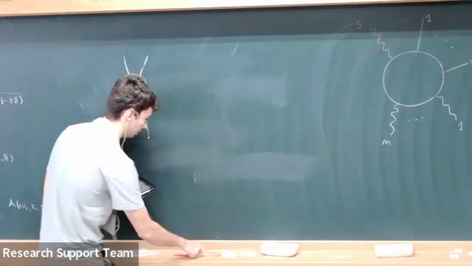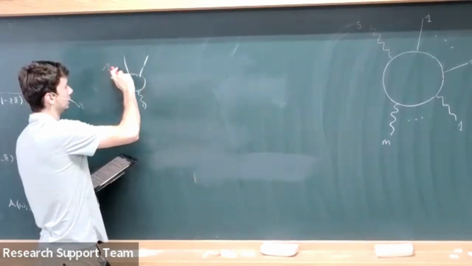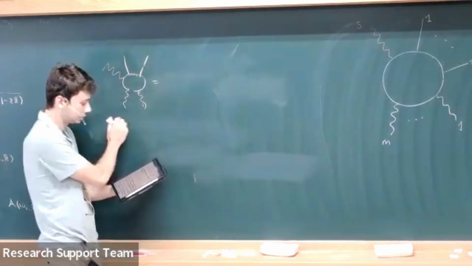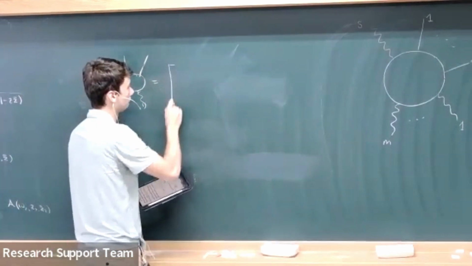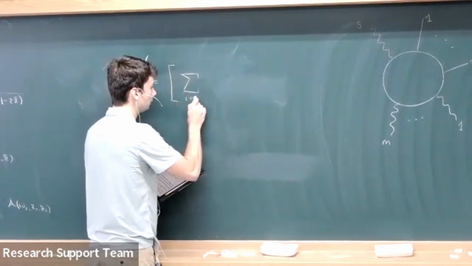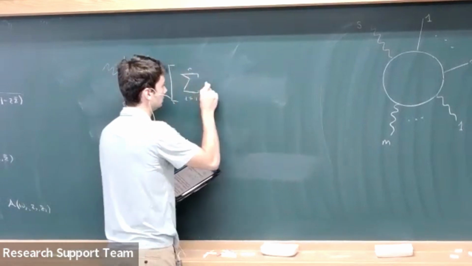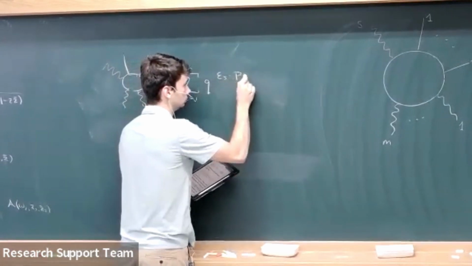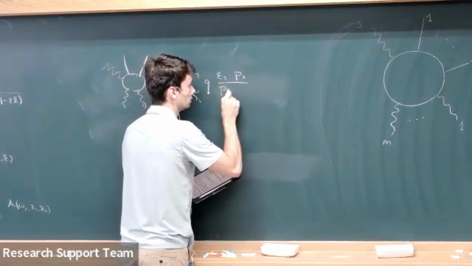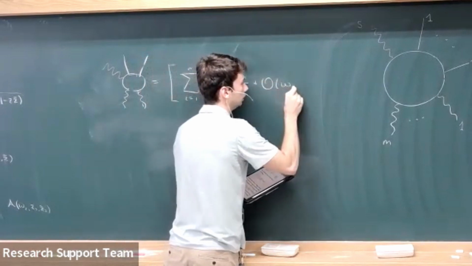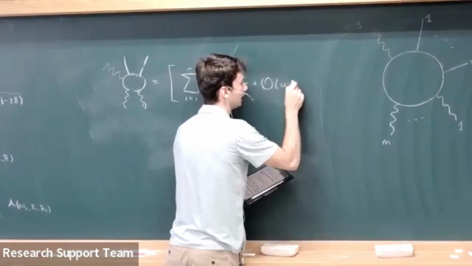I haven't talked about universality or whether this holds in generic theories with the U1 gauge boson. We've determined that this amplitude is equal to the sum over these prefactors plus some term which is finite as omega s goes to 0.